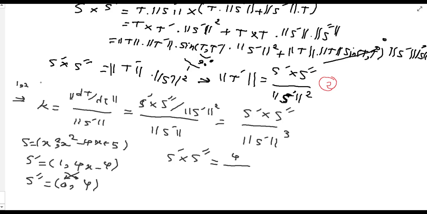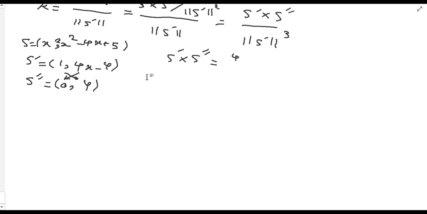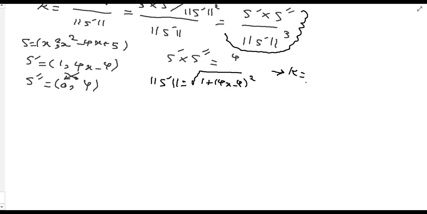S prime is equal to (1, 4x minus 4), and so I can write here the norm of S prime will be equal to the radical of 1 plus (4x minus 4) to the power 2. And now we put in the curvature, and according to this formula it will be equal to 4 over this radical to the power 3.